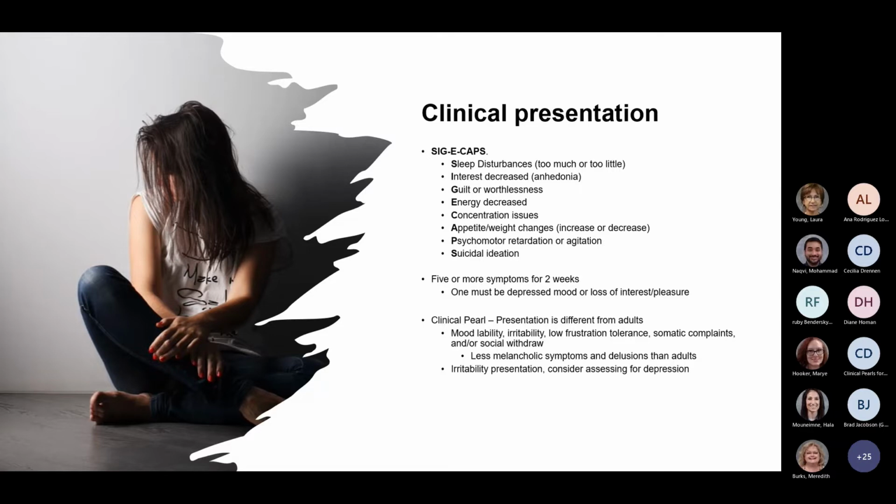If someone comes in with the complaint that their child is more irritable lately, we need to do a more thorough evaluation into what that irritability is about and make sure we do not ignore that depression could be a cause of that irritability, versus any other diagnosis such as ADHD or bipolar disorder or whatever other diagnosis people like to make when someone presents with irritability. So just remember that irritability is a sign of depression in children and adolescents.